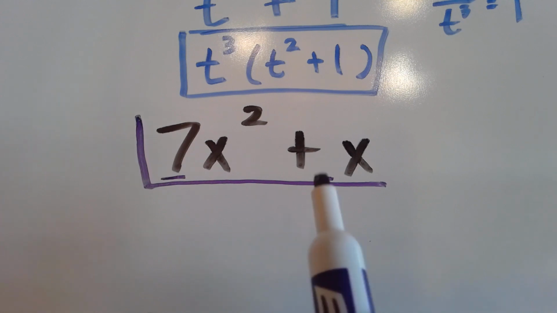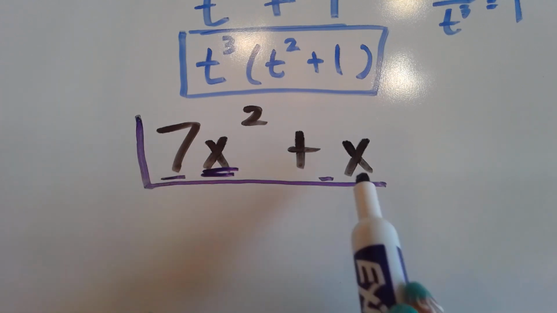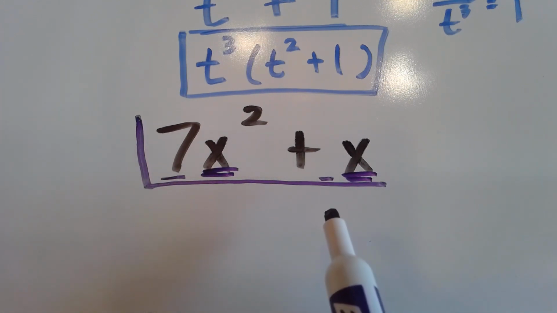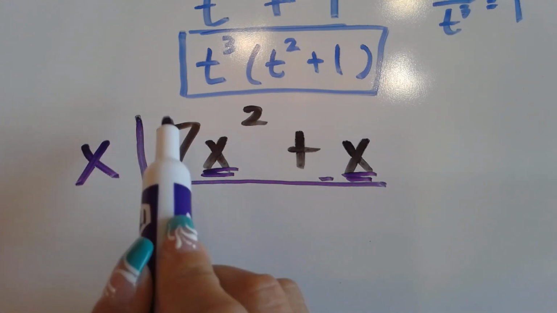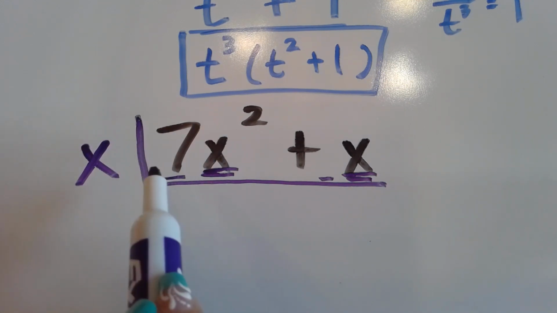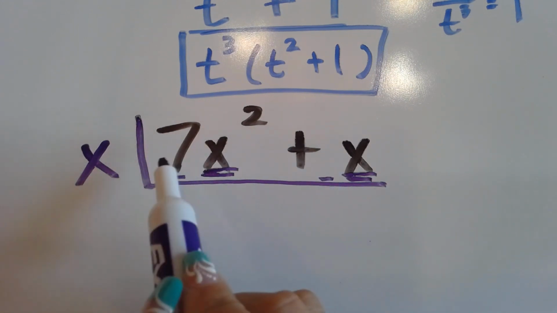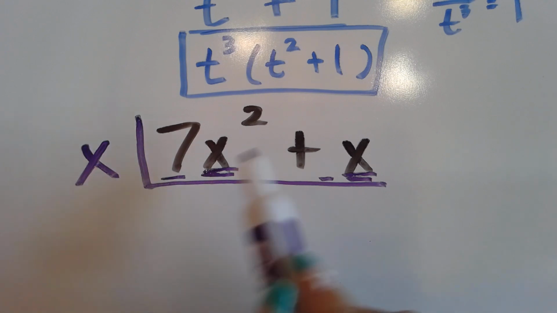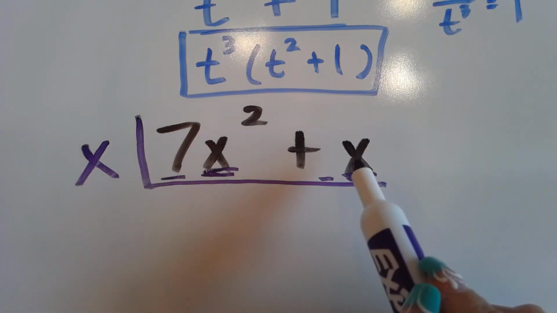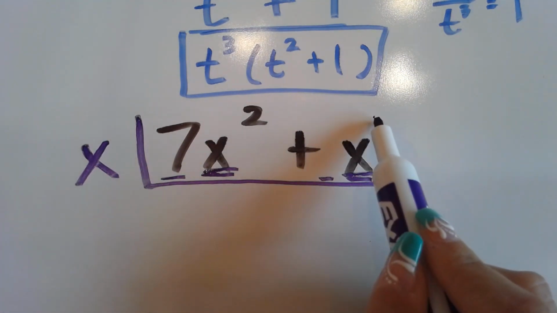What else do they have in common? They have an x here and an x here. So we're going to pull out our x. We're leaving the 7. We're not messing with the 7 at all because there's nothing to pull out, okay? So we're pulling out our x. This one is an x squared, and we have x here, and that could be to our imaginary 1.